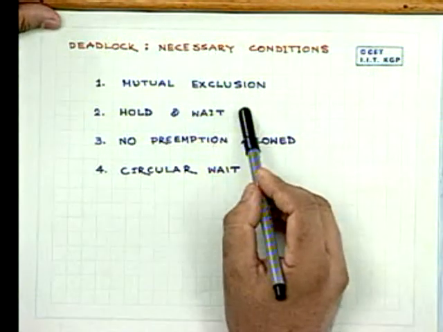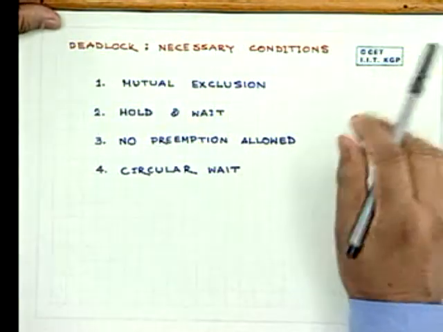The second condition is hold and wait. There must be at least one process that is holding one or more resources and is waiting for other resources, which are being held by other processes, to be released.